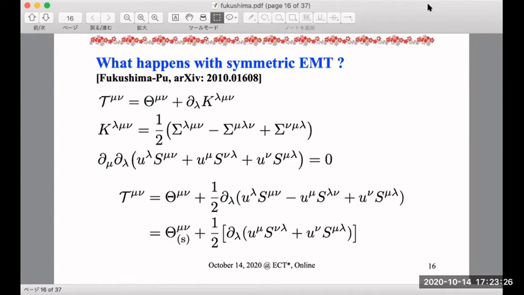So I don't understand why the spin tensor is independent of thermal vorticity in the local equilibrium assumption of hydrodynamics.